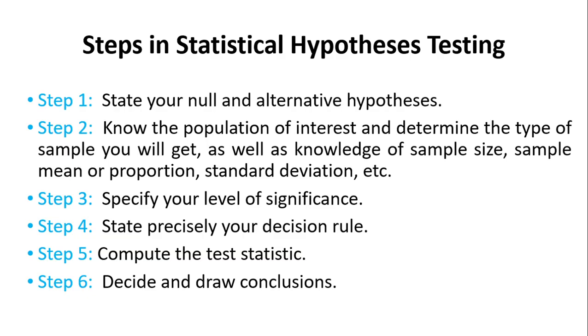That value would be compared to your decision rule, and you now decide either to accept or to reject. Once you accept or reject, you have to conclude and tell us what it implies, and that is the inference we're talking about.